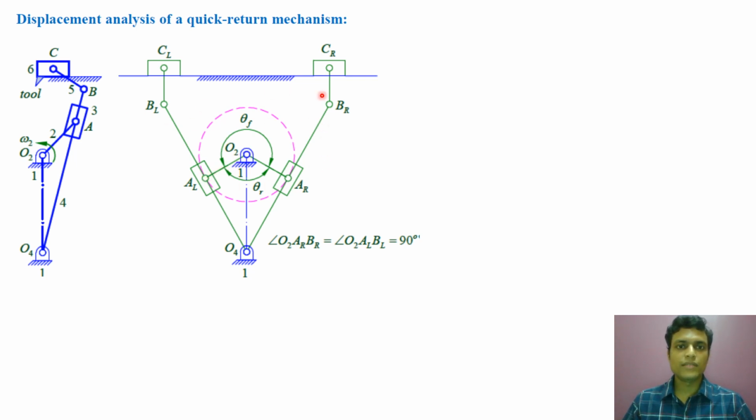Now we have to determine the position of C corresponding to this extreme right position. What we will do? At center BR we will draw an arc with radius equal to the length of link number 5, that will cut the axis of the slider 6 at CR, and CR is the corresponding position of the slider.